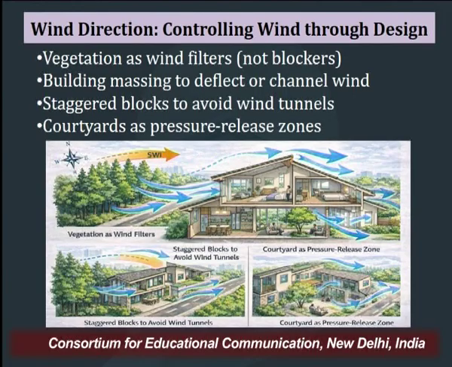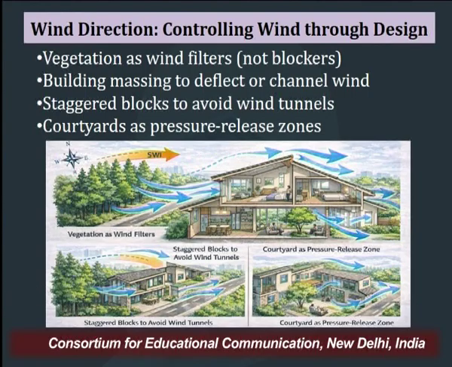Vegetation present around will act as wind filters, not as blockers. Massing can be done to deflect and channelize the wind. A staggered blocks approach can be taken to avoid any wind tunnels and the venturi effect. We all know the venturi effect, where wind travelling through small areas becomes cooler.